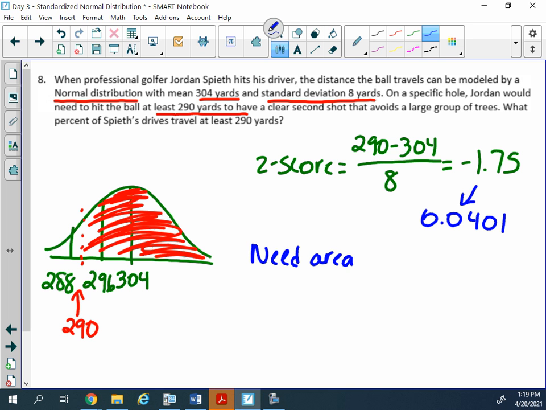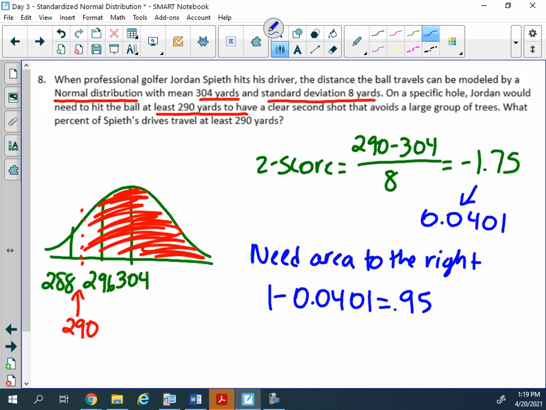I need area to the right. So I do 1 minus that, and that gives me 0.9599. And so I change that into a percentage. I get 95.99%. That's my final answer.